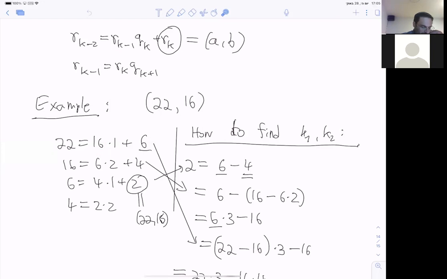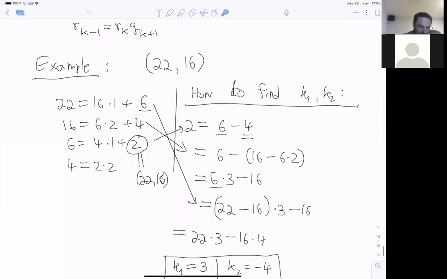I write 2, going from down to up. So 2 is 6 minus 4, and then I have 6 and 4 here. 4 is lower than 6, so I translate 4 to previous remainders. Then I'm gathering together the coefficients of 6. You have 1 here and 2 here, so you have 3 times 6.